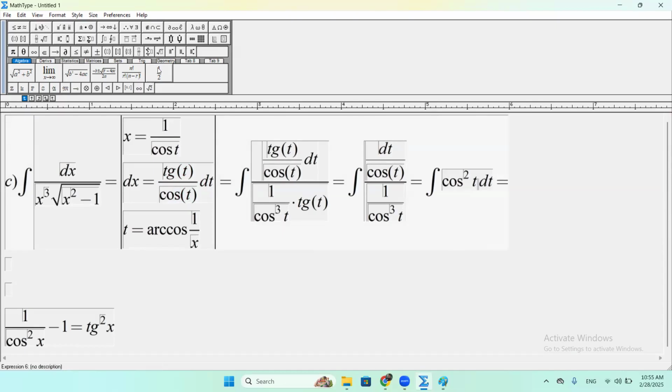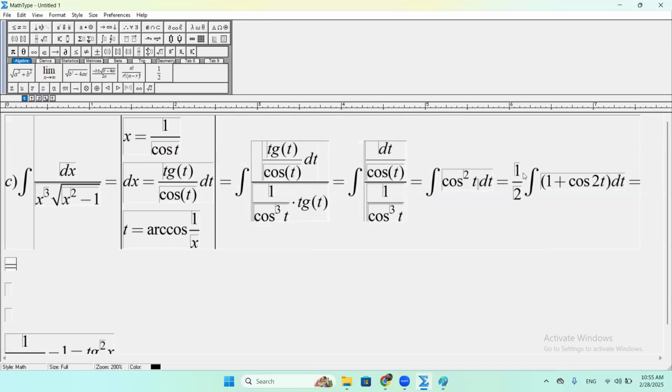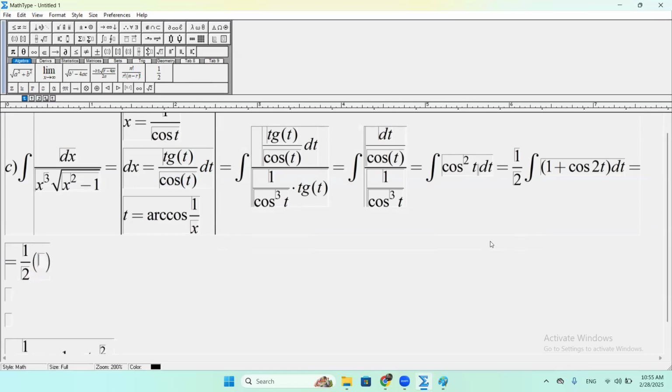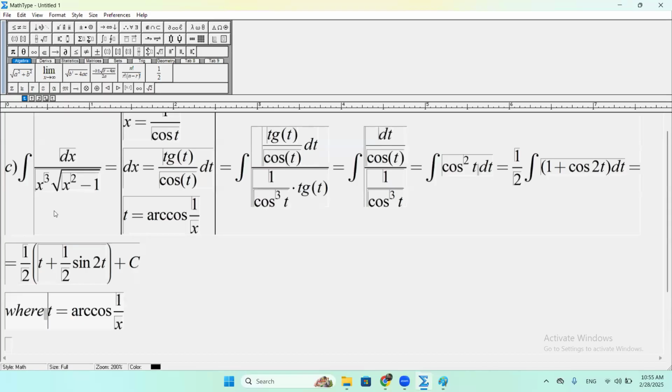We will reduce the power of this expression, so it will be equal to 1 plus cosine of 2t over 2, dt. So quite a simple case for us. So we have the following integral: t over 2 plus 1 over 4 sine of 2t plus c, where t equals arccosine of 1 over x.